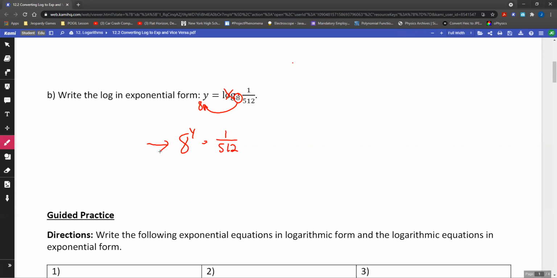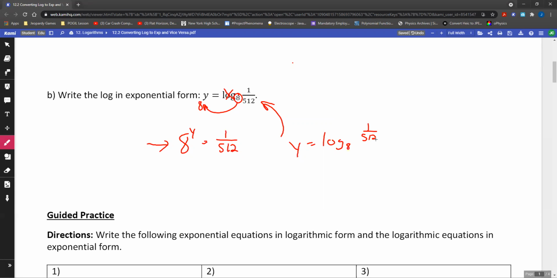So if we can actually rewrite it like up in here, where we have y equals log base 8 of 1 over 512, we can actually plug that into the calculator to get an actual answer for what y should be equal to.